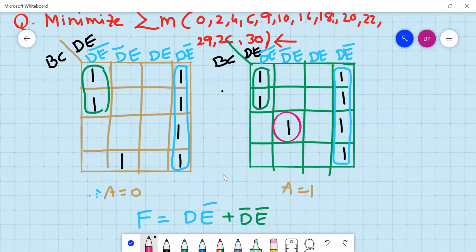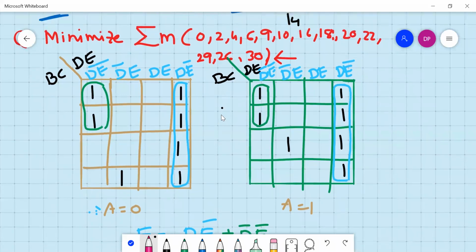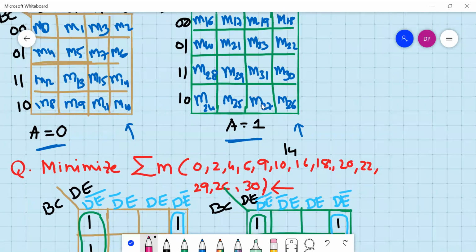So let me do a little modification in the question. I would like to add one more term. See this 31.